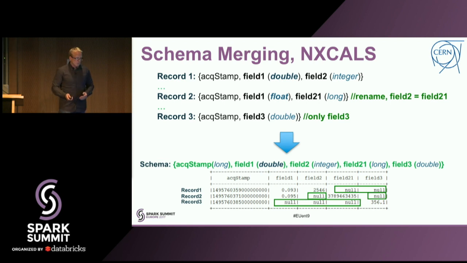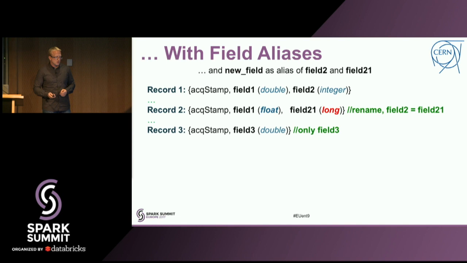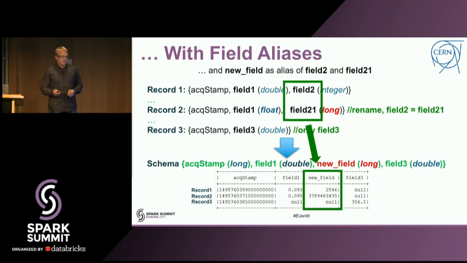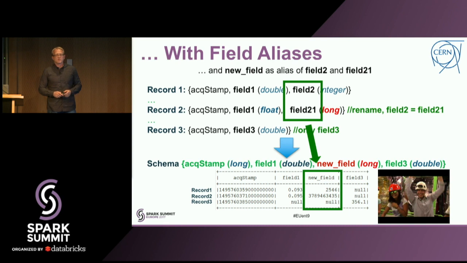But you can do a little bit better, because you can observe here that field 2 and field 21 is actually a rename. So you can merge those 2 columns together. And this is what we do as well. In this example, those 2 fields are merged into what we aliased as new field. And this is where you get the happy faces from your data scientists.